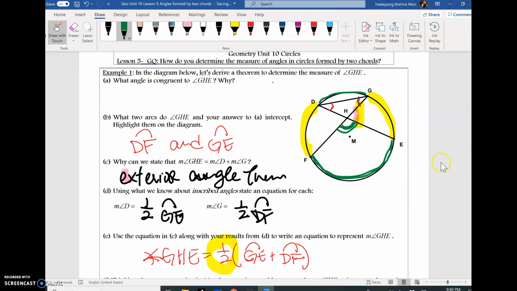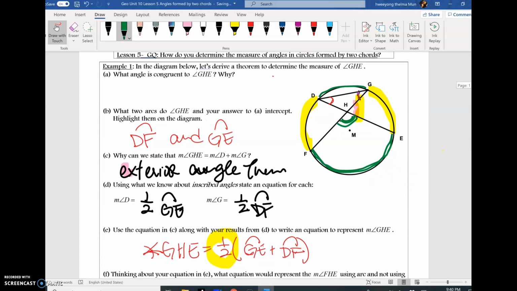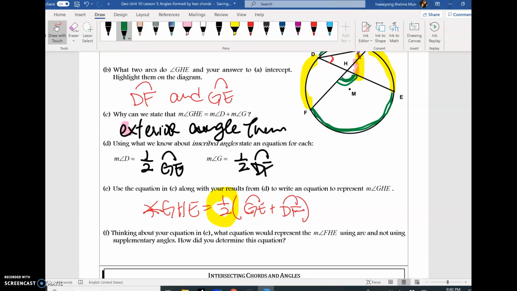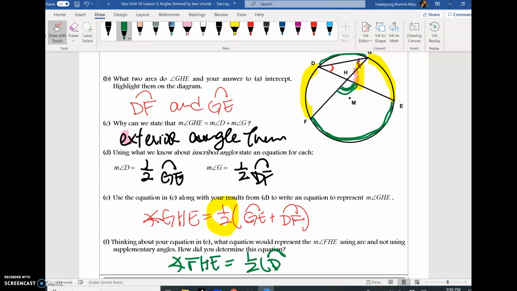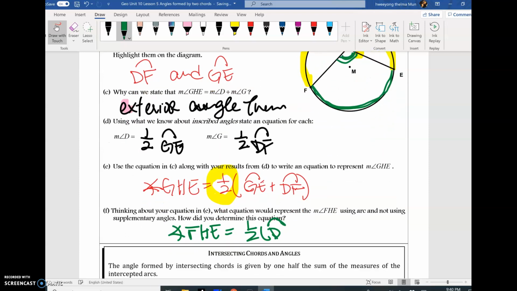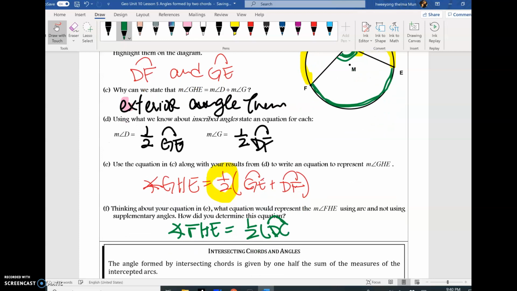So if we do, angle FHE is going to equal 1/2 of arc DG plus arc FE. And that will be our formula.